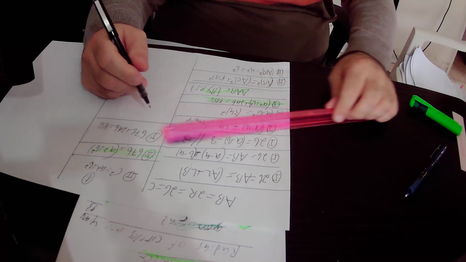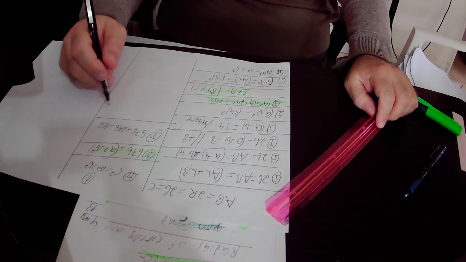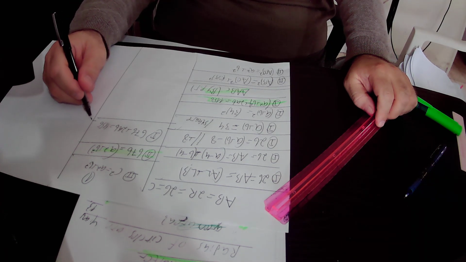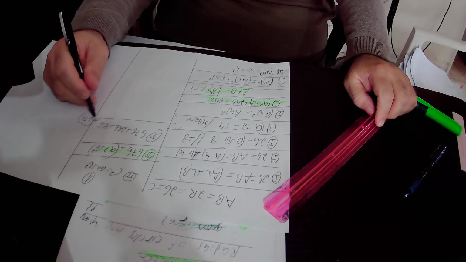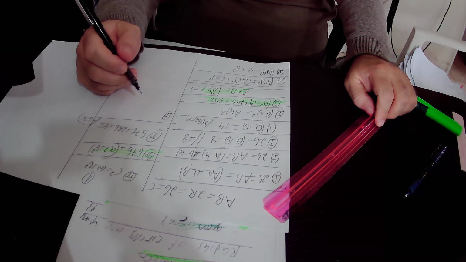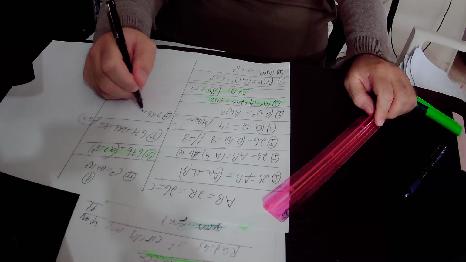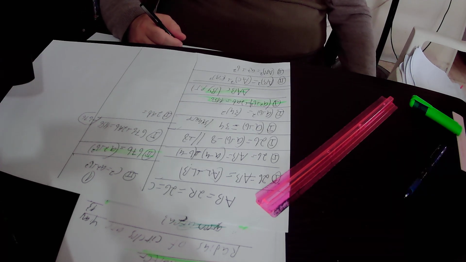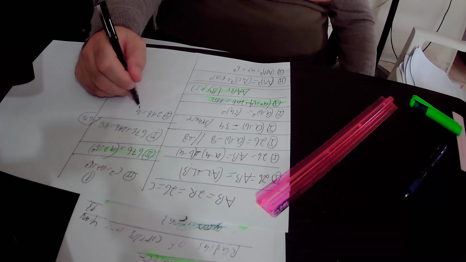So according to equation number 1, we found out that 676 plus 2AB equals 1156. Here we subtract 676 from equation number 1, and we get that 2 times AB equals 1156 minus 676 equals 480.